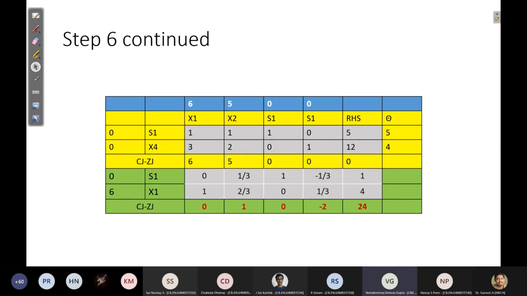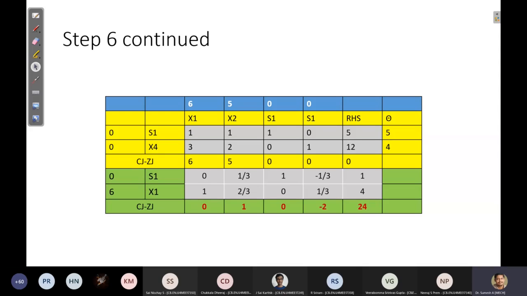It is 0 or greater than 0. See, it is not Zj minus Cj, it is Cj minus Zj that is calculated. Vice versa, if you calculate Zj minus Cj, you will get minus 1 over there in the second column. Sir, I guess we have to go for next iteration, no, sir? You have to go for next iteration.